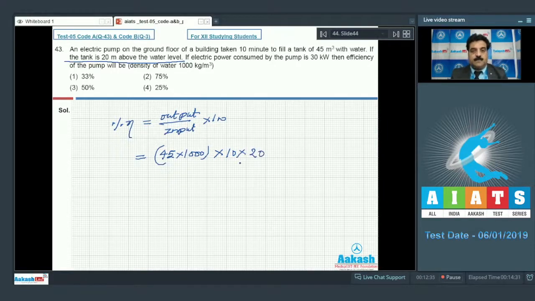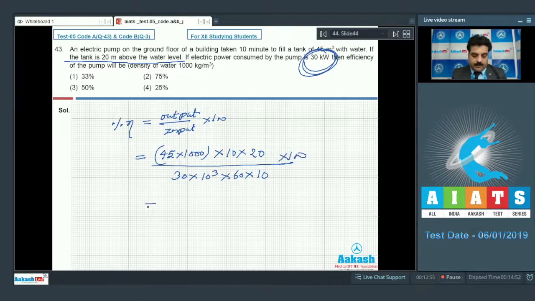So this is the work done, mgh, divided by the time. Before dividing by the time, I need the input. The question says 30 kilowatt, so I will write 30 kilo means 10 to the power 3, 60 into 10. When you solve and multiply it with 100 for the percentage, you will get 50%.